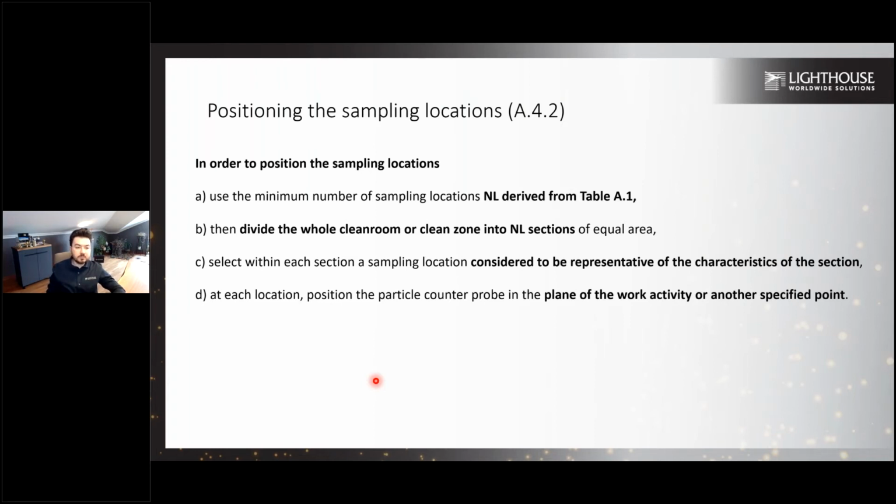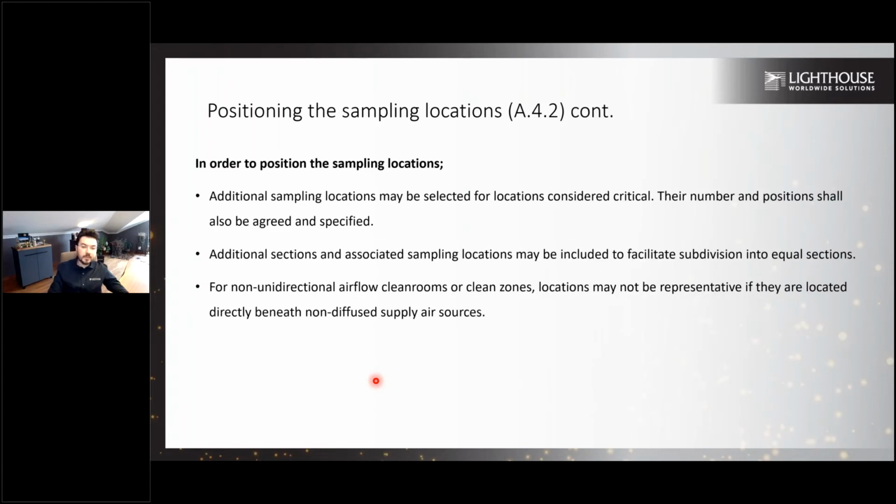At each location, position the particle counter probe in the plane of the work activity or another specified point. Additional sample locations may be selected for locations considered critical. Their numbers and positions shall also be agreed and specified.